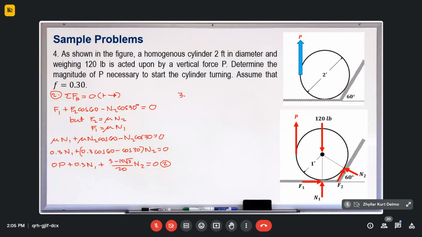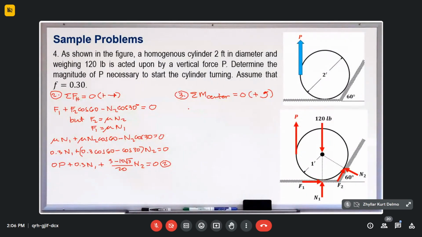Now, for the last equation, we will perform summation of moment at the center of the cylinder that is equal to 0. So, positive kung counterclockwise ang iya ma-produce nga rotation. So, si P, makaproduce siya og clockwise. So, therefore, negative iya. Clockwise man iya ma-produce with respect to the center.